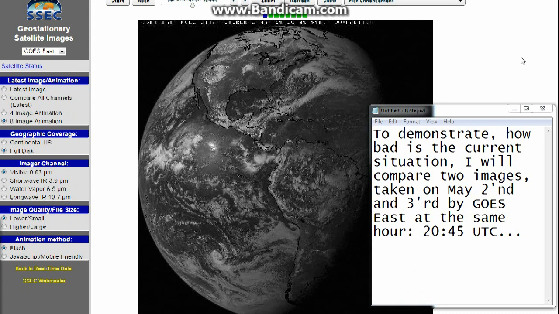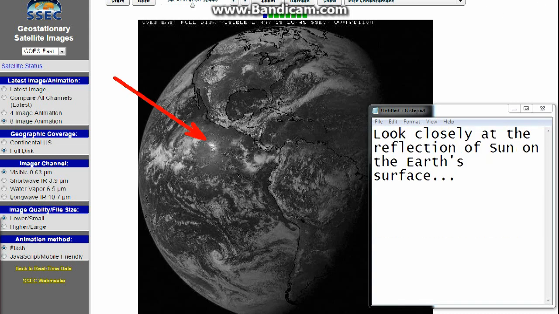To demonstrate how bad is the current situation, I will compare two images taken on May 2nd and 3rd by GOES East at the same hour, 20:45 UTC. Look closely at the reflection of sun on the Earth's surface.